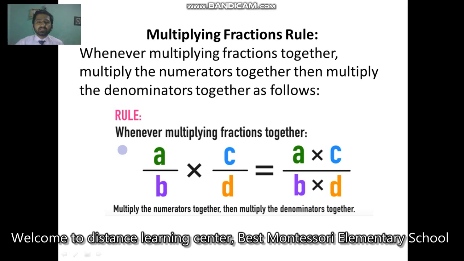Let us suppose there are two fractions, a by b is one fraction and c by d is another fraction. Here a is the numerator in the first fraction and c is the numerator in the second fraction. When we multiply these two, we get a into c over b into d, where b is the denominator in the first fraction and d is the denominator in the second. We multiply b and d and keep it in the denominator of the result.